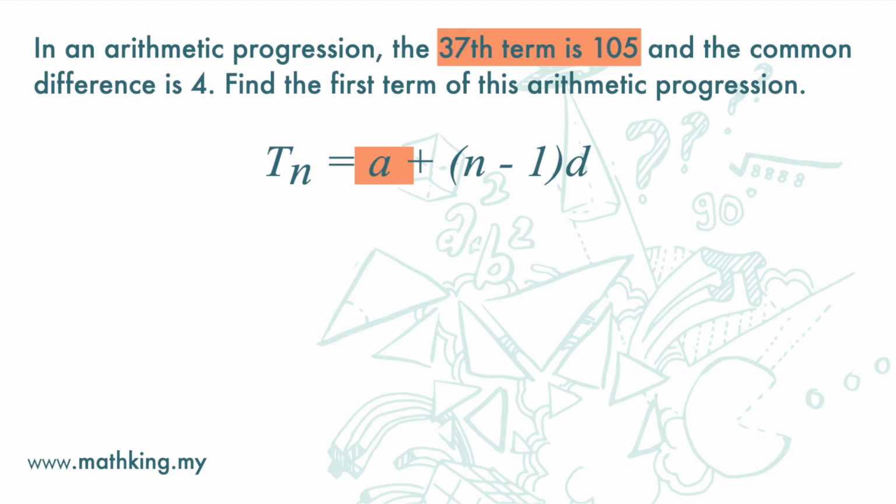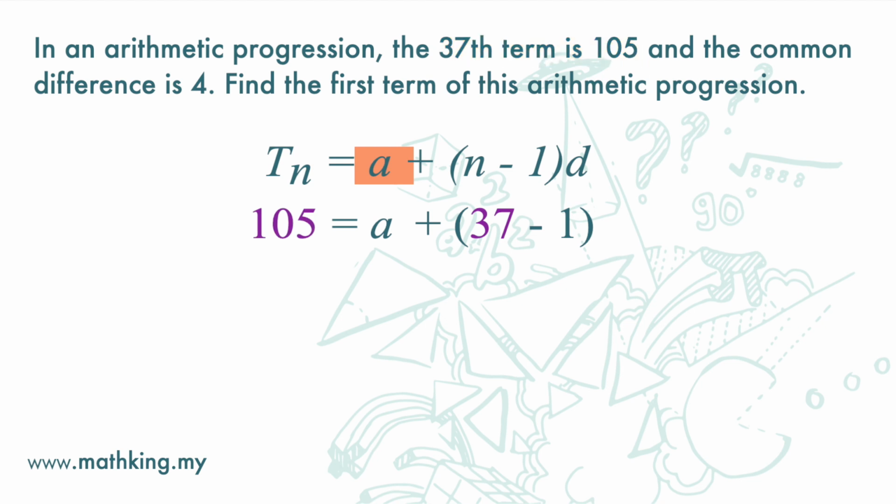We are given that 37th term is 105. So when n is 37, T37 is 105. And then the common difference is 4. D is the common difference. So we plug in this number.